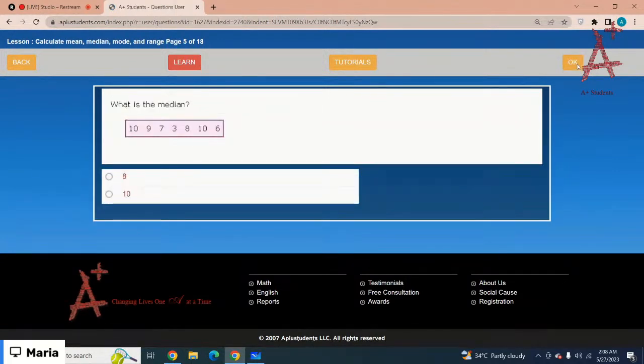Okay, the next one is: what is the median? That is 10, 9, 7, 3, 8, 10, 6. So which is the median? Just arrange the numbers from least to greatest and let me know the answer.